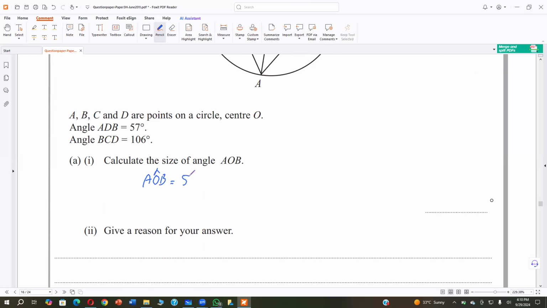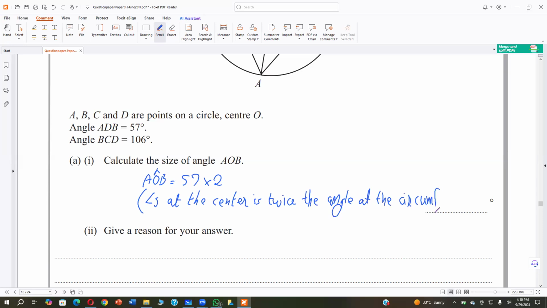Look at the property. Give a reason for your answer. Okay, the reason I have written by mistake above.